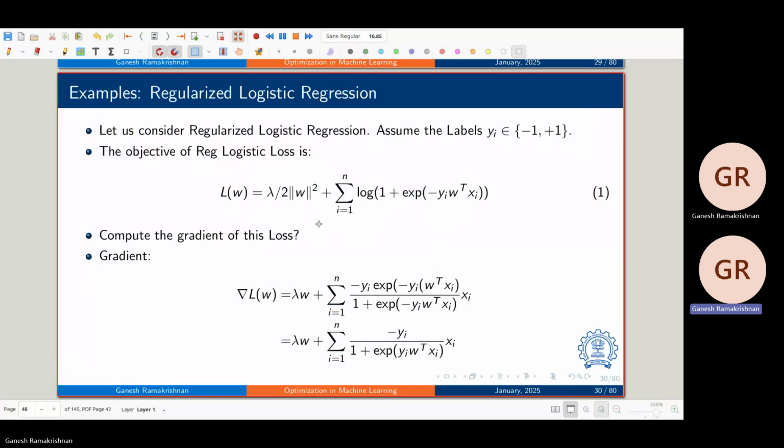Sorry, there was a lambda by 2. And because there's a lambda by 2, this just becomes lambda W. The first component is lambda W plus something. But the first component should be clear how you get.